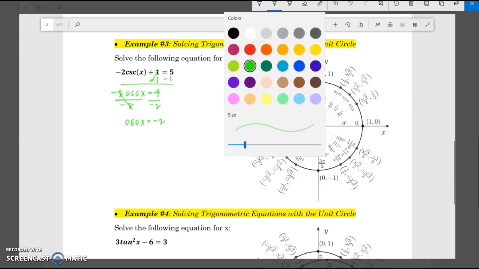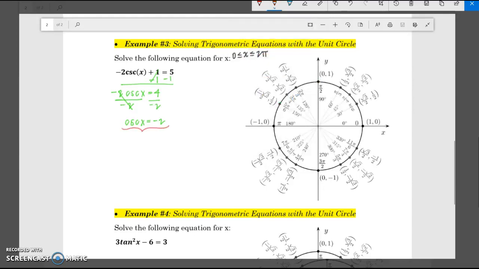Once I get to one trig function, like what I have here, I can undo the trigonometric function by taking the inverse. So I can say the inverse cosecant of cosecant of x is equal to the inverse cosecant of -2. So the inverse cosecant and regular cosecant cancel each other out, and x is going to be equal to the inverse cosecant of -2.